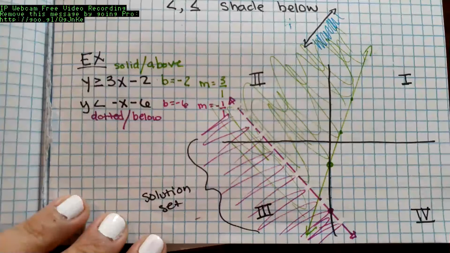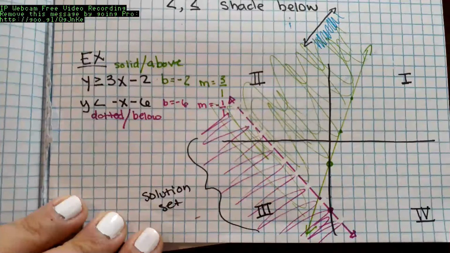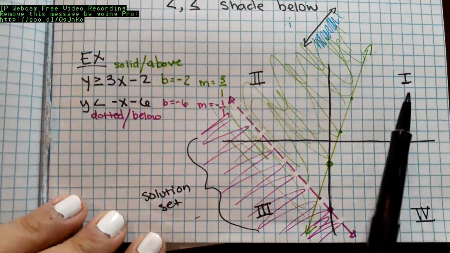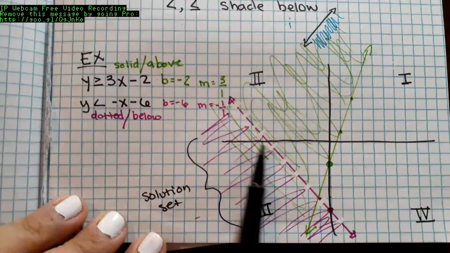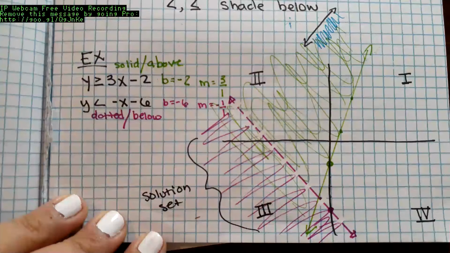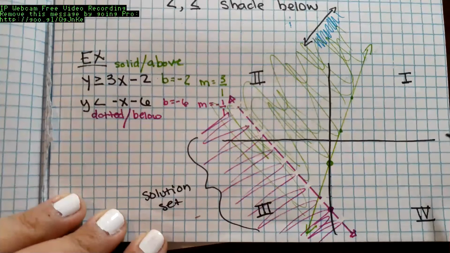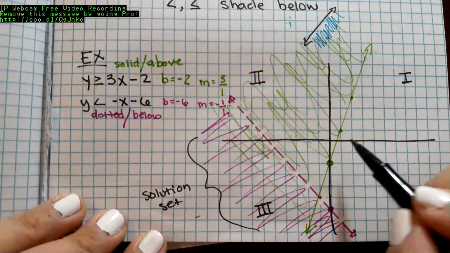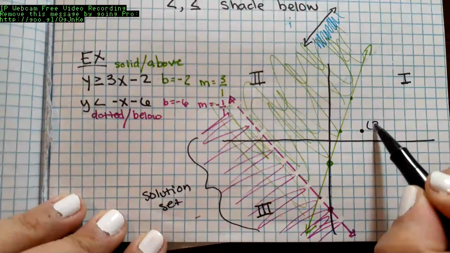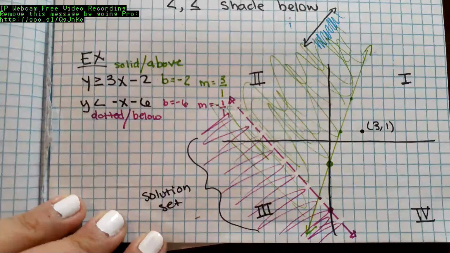Okay, so I'm gonna take test points. You can pick any points at all. We're gonna pick one from each region, making sure that we pick one from this solution set just so that we can be sure. So the first one I'm going to do is 3, 1. So I'll pick this point at 3, 1.